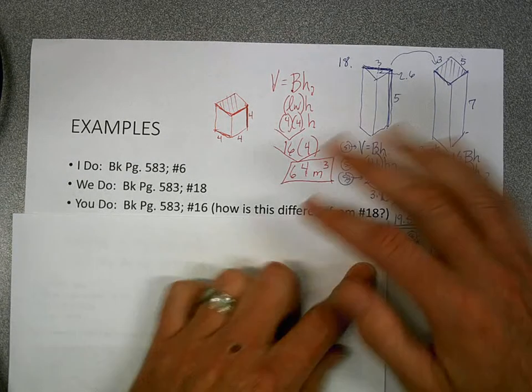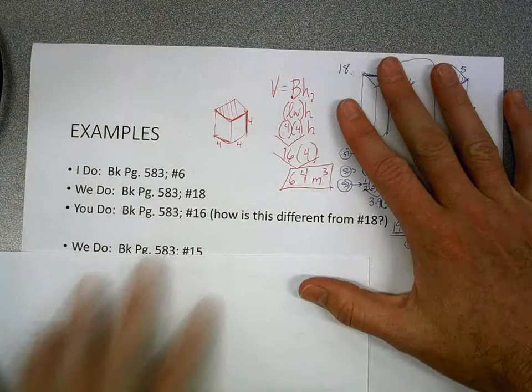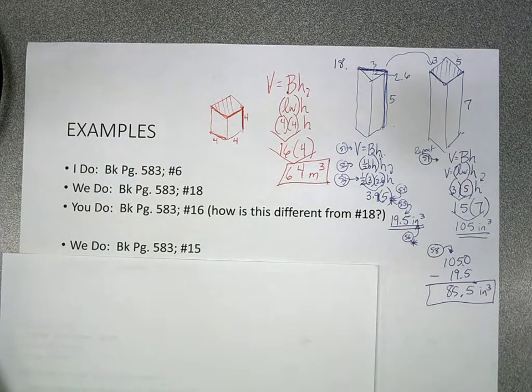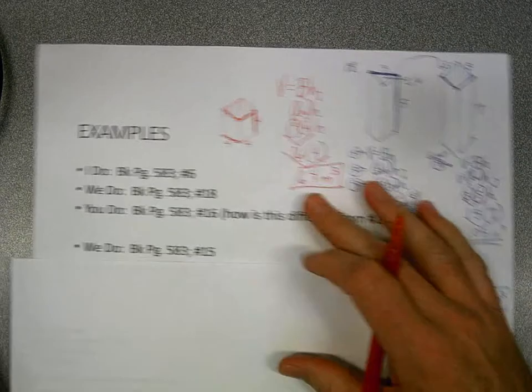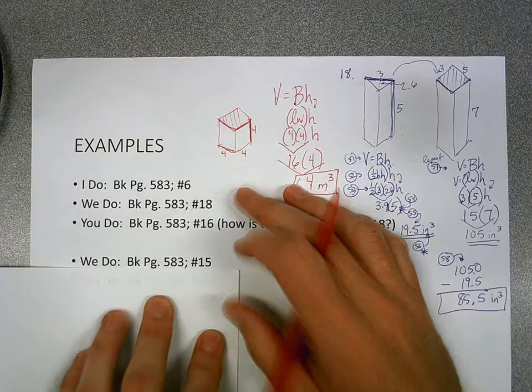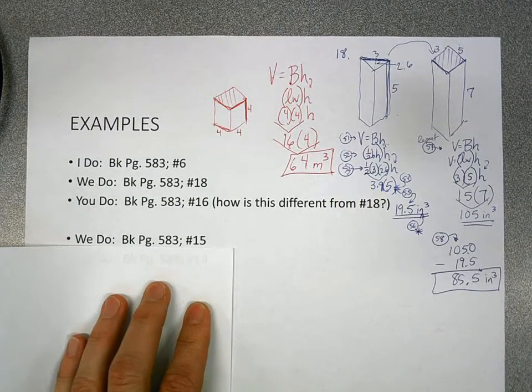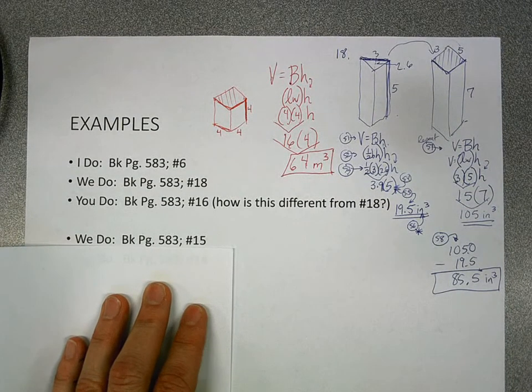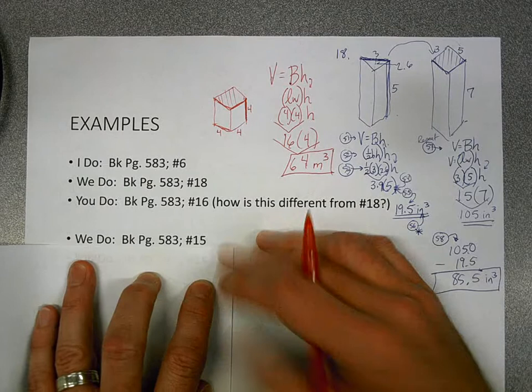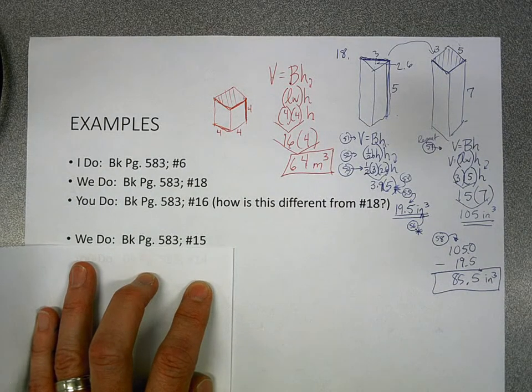Okay. All right, here's what I want to look at, the last one. Let's take a look at 583, problem number 15. So here we go. It says, find the height of a triangular prism with the base length of 10 yards, a base height of 20 yards, and a volume of 600 cubic yards. Now, with this particular one, you can draw it if you want, but you don't have to, and here's why.